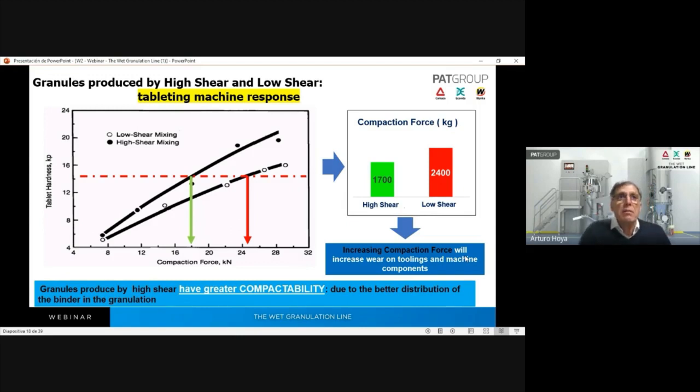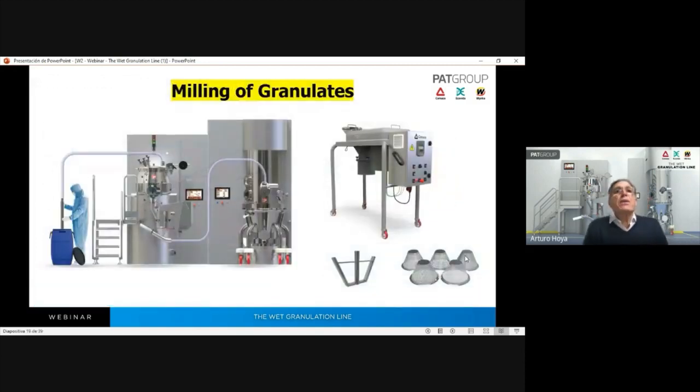Now we finished a very rapid overview of wet granulation. Now the second unit operation is the milling of granules. Normally the wet granules have a wide particle size distribution, you know.